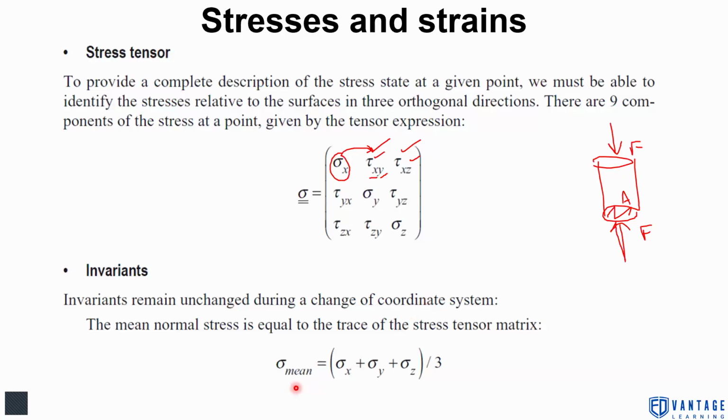So we generally take mean stress as sigma x plus sigma y plus sigma z by 3, because we want to calculate the deviatoric stresses. The mean normal stress is equal to the trace of the stress tensor matrix. What is trace? The average of the diagonal elements, sigma x plus sigma y plus sigma z by 3, is the mean stress acting on the body.